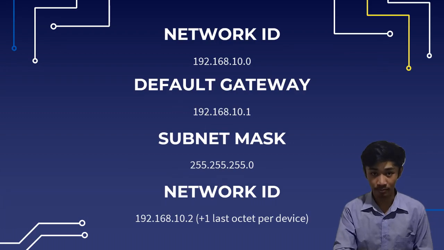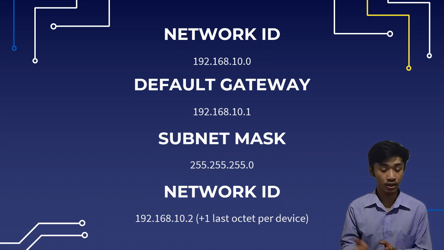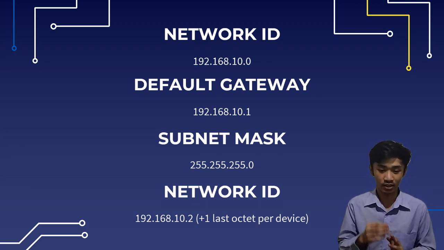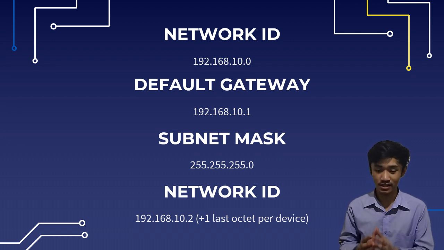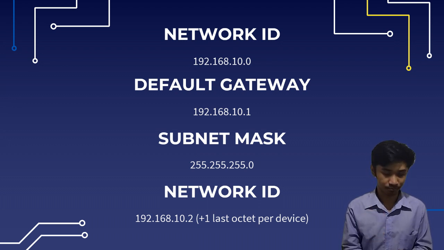In here, our IP address for our network ID will be 192.168.10.0, and for our default gateway, which we will use for our router, will be 192.168.10.1. And now, because our IP address is type C, our subnet mask will be 255.255.255.0.